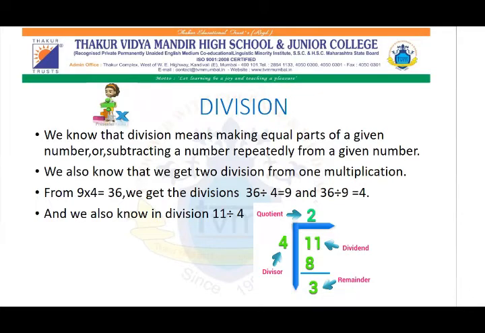Like 9 into 4 is equal to 36, so we get the divisions 36 divided by 4 is 9 and 36 divided by 9 is 4. Correct? And we also know in division like 11 divided by 4, 11 is called the dividend, 4 is the divisor. The answer of that division is called the quotient and the number which is left is called the remainder. So this is all about division that we know.